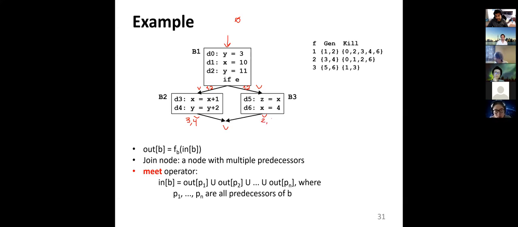Yes, that's correct. 2, 5, and 6. Any questions here? So this is correct, right? So you literally just apply those equations. There are no complications here. There are no back edges or anything.